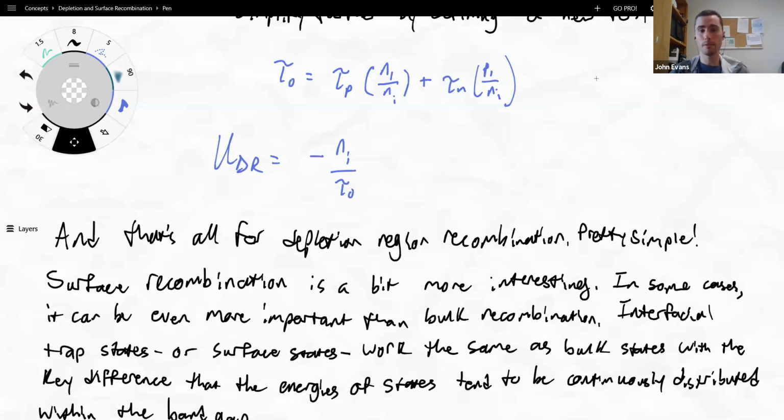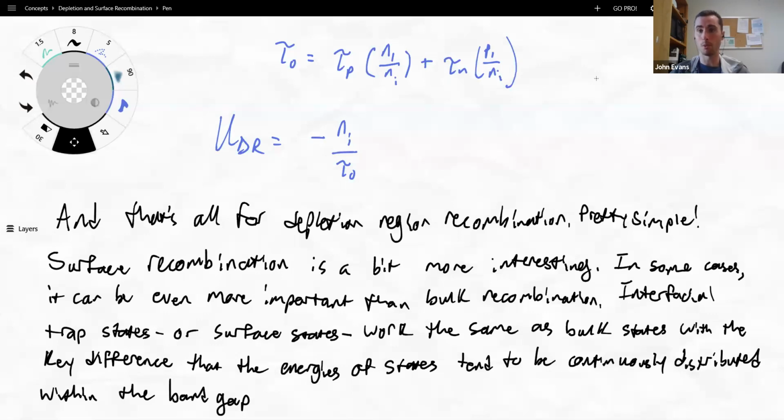So interfacial trap states, or surface states. So these are trap states, which we talked about before in the bulk, which was just like a state that exists inside the band gap that isn't supposed to be there. Like if we had a perfect crystal, that state wouldn't be there. So a surface state is very much the same, except it is localized to a place on the surface. They tend to be continuously distributed within the band gap.